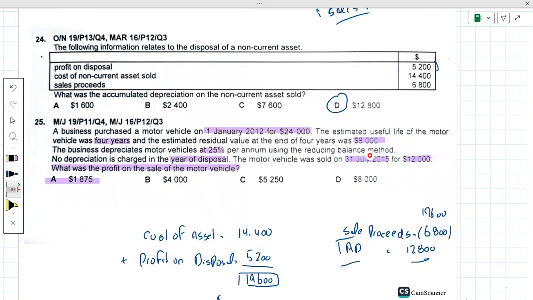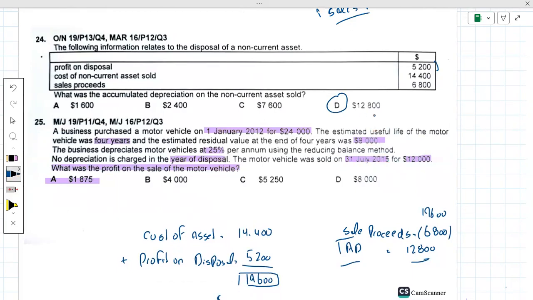So we would assume that for this asset our year end would be on 1st January, though in a real situation the financial year ends on 31st July 2015.